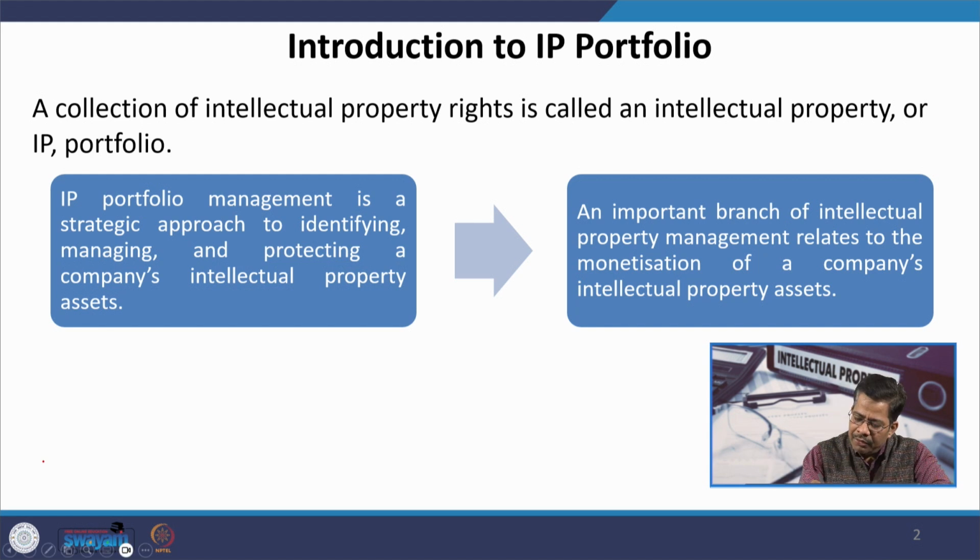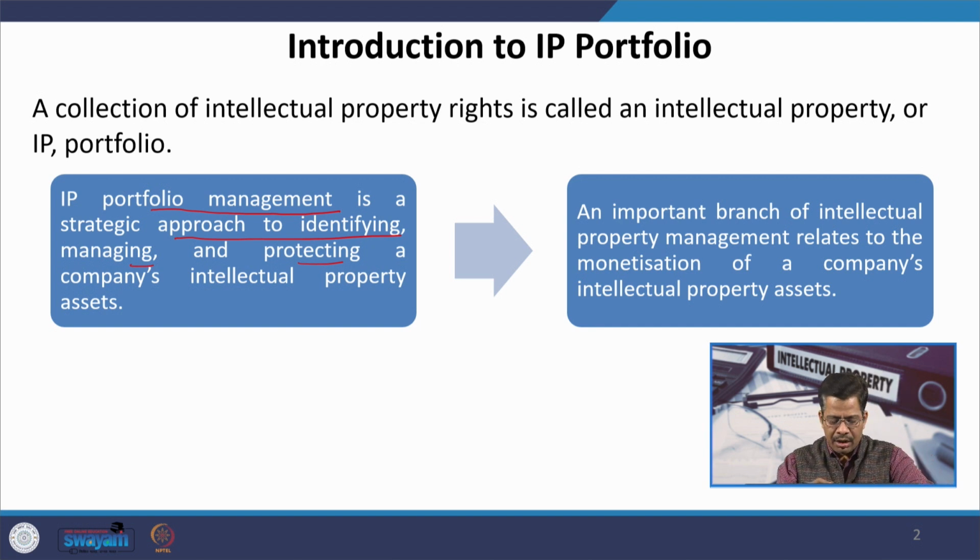So, when we are doing innovations on a regular basis, then that bouquet, that basket is created, and when this basket is created, IPPM helps you in strategizing how to identify, manage, and protect different types of intellectual property assets available in your organization.